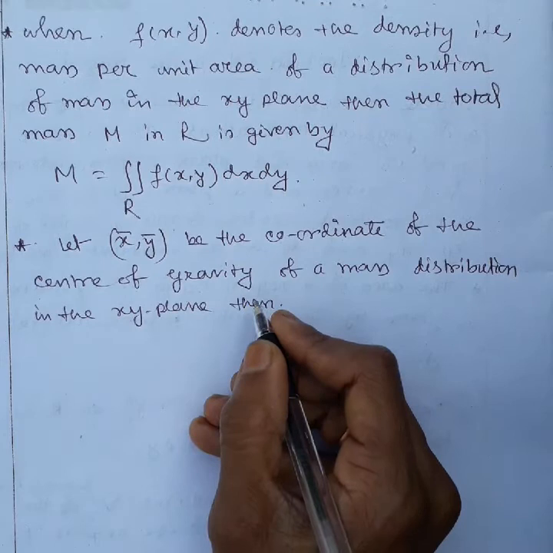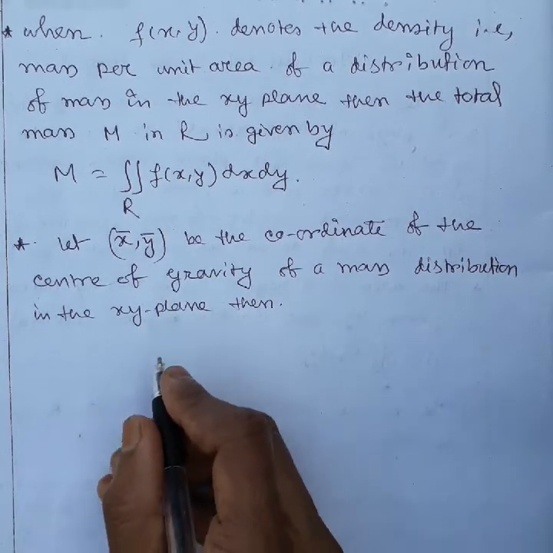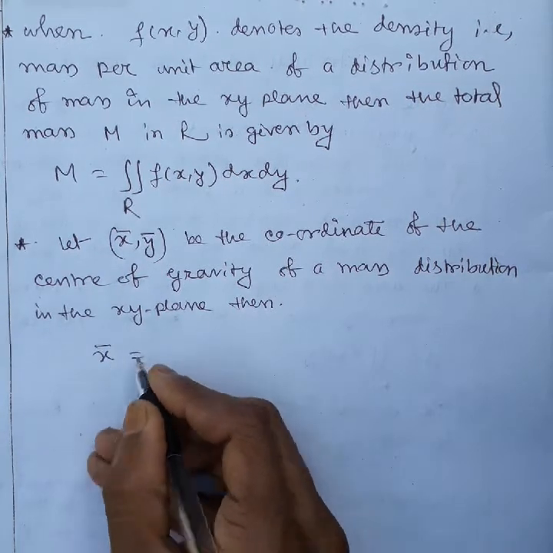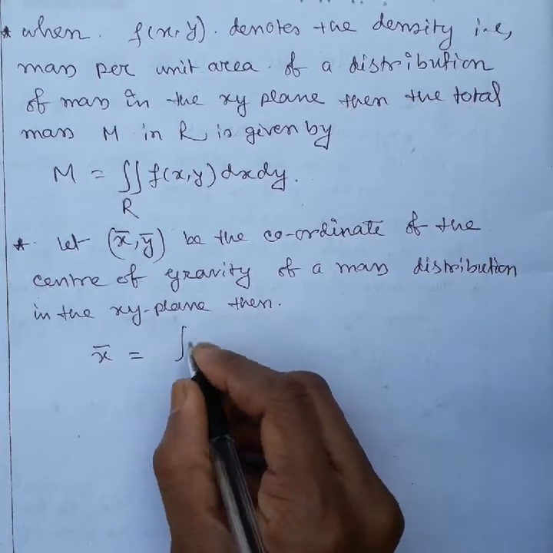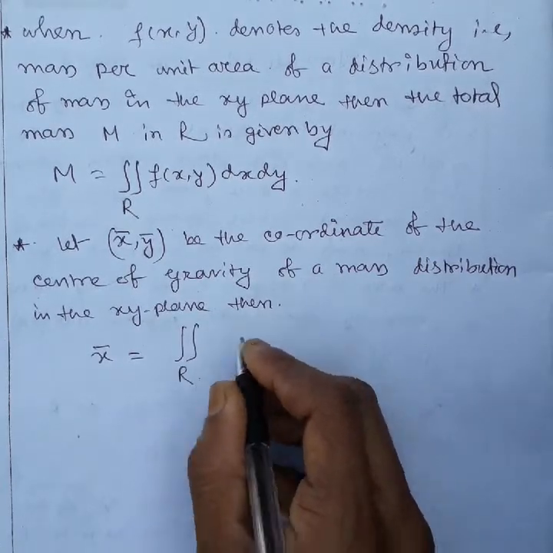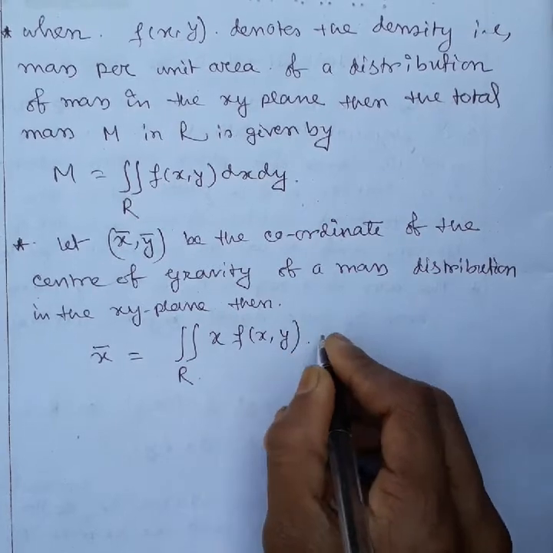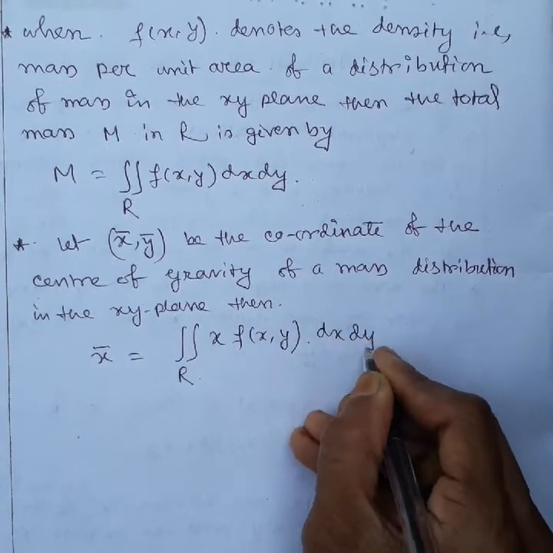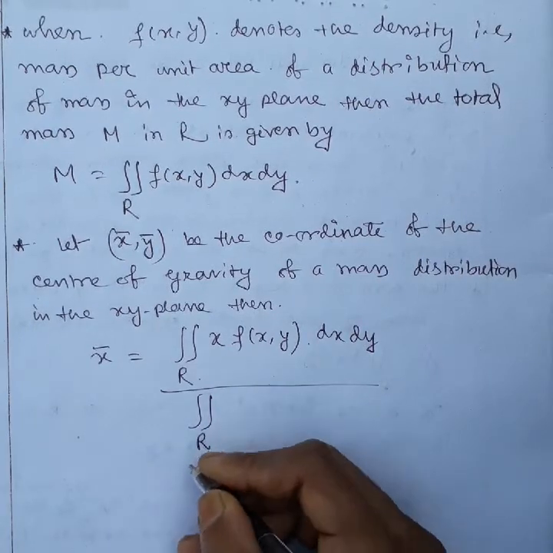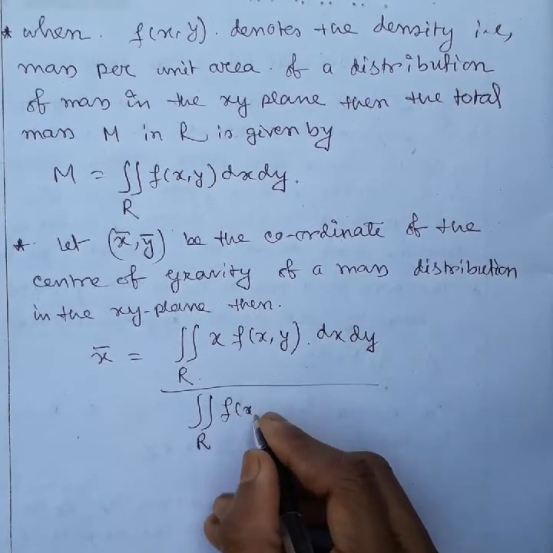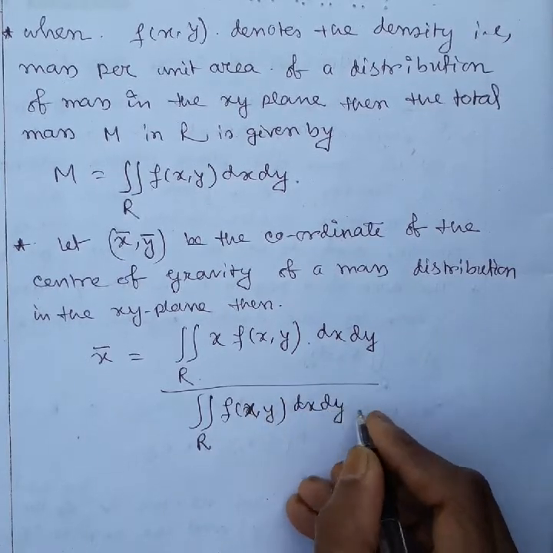Then x bar is equal to double integration over the region R x into f of xy dx dy by double integration over the region R f of xy dx dy.